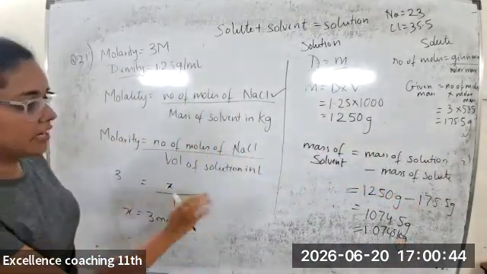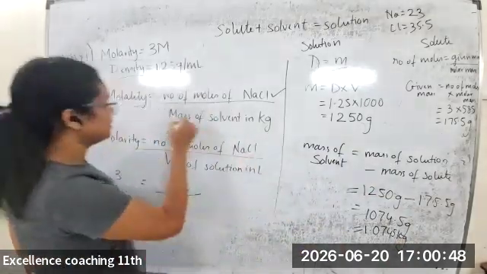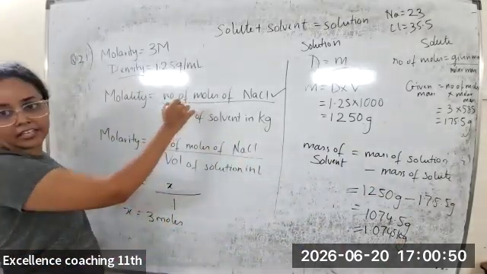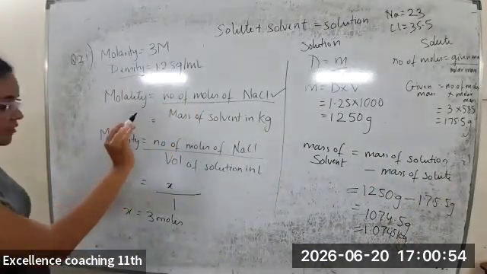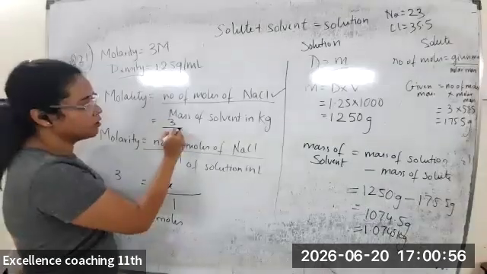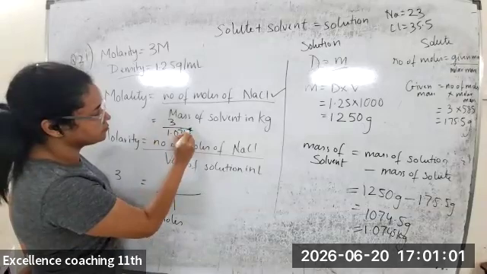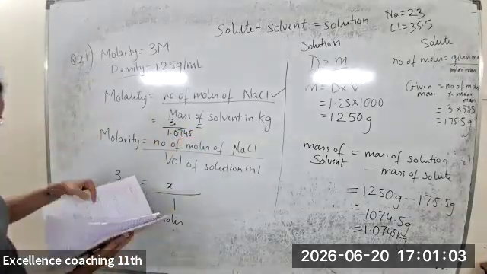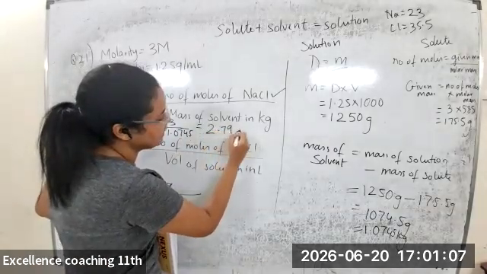Okay. So now basically what we will do is substitute this and these 3 moles in our equation. I won't write it again, I'll just substitute it here. So it will be 3 upon 1.0745. That will come to 2.79 m.